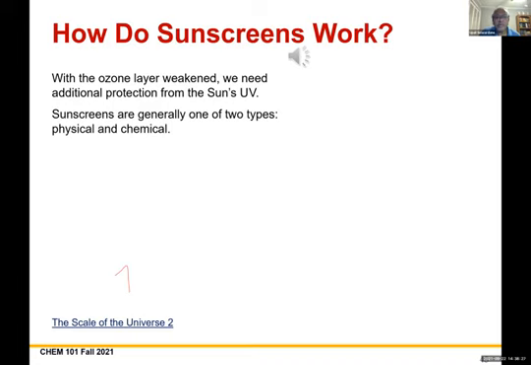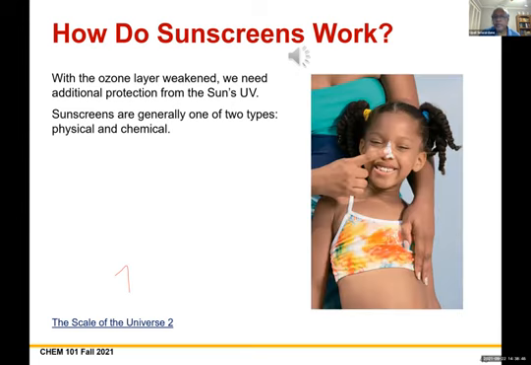There are two types of sunscreens, physical and chemical. Physical ones absorb UV radiation. Chemical ones chemically change when UV radiation hits. That's sunscreen on the nose.